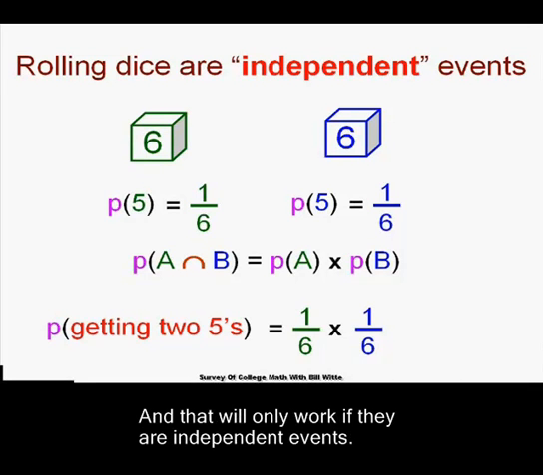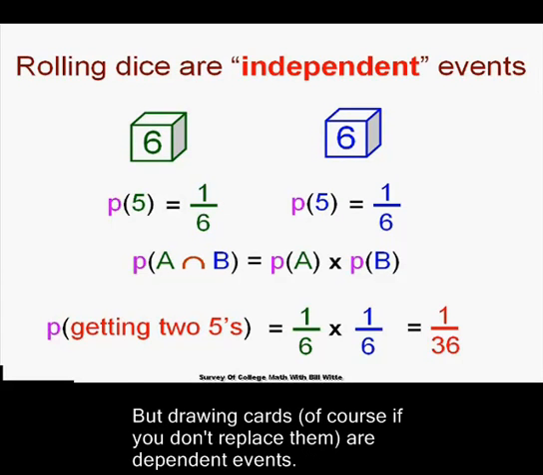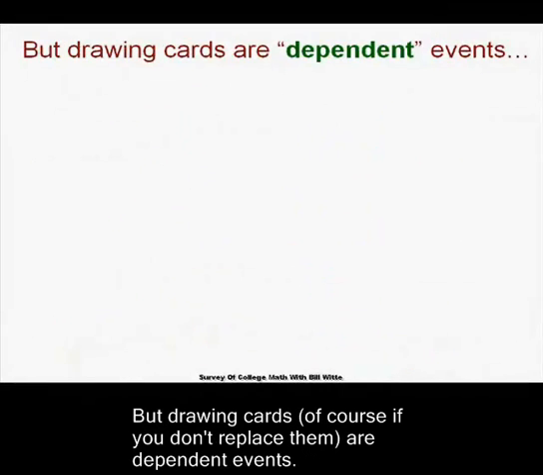And it'll only work if they're independent, won't it? It's going to be 1 out of 36. You already knew that. The chance of getting 2 5s is 1 out of 36. But drawing cards, of course, if you don't replace them, are dependent events.